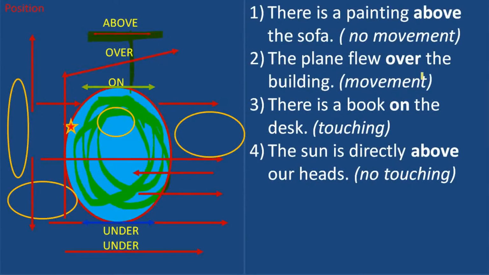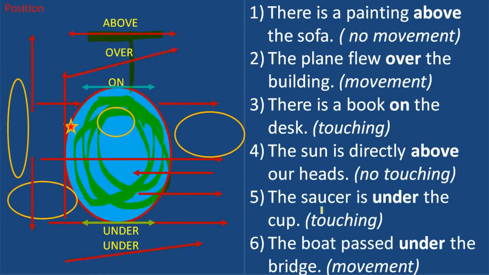Next, if something stays under something by touching, okay, that time we will use under. For example, the saucer is under the cup. Saucer and cup stay by touching, so we will use under. Actually, in case of under, touching is not mandatory. If there is a gap between the things, we will also use under.